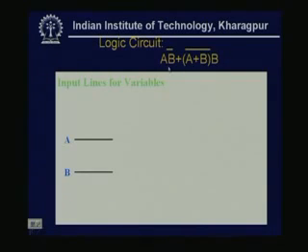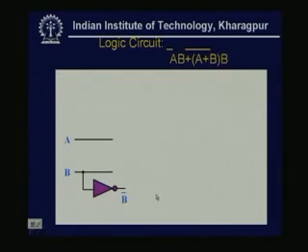Now, there are two variables only, A and B. So, I give two lines A and B. Now, I have another variable needed, that is complement of B. So, this will be B complement. This is B complemented line.